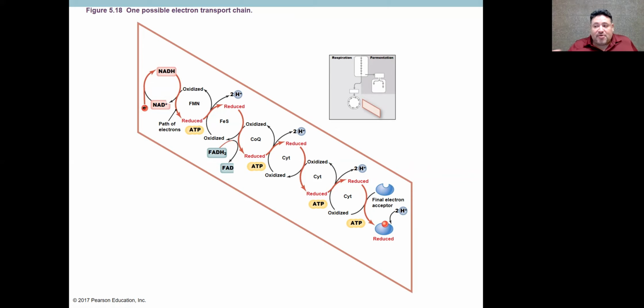Now, in case you have forgotten, protons have a positive charge, okay? If you create a gradient, it means that one place has a higher concentration than another place. So, for example, if you put a cube of salt in water, then where the cube is, that's high gradient. Where there is no salt, that's low gradient. And physics is going to tell us that the movement is going to be diffusion of the salt from an area of high concentration to low concentration.